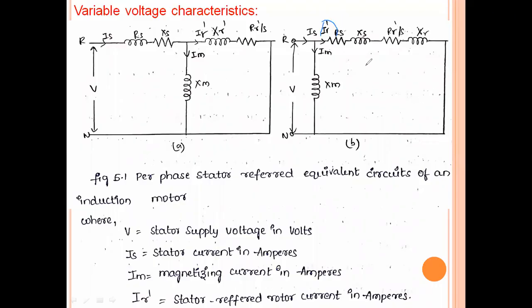Now this current can be calculated by the formula V by R, or V by Z, because we have resistance and reactance both. So using this formula, we can write IR dash.